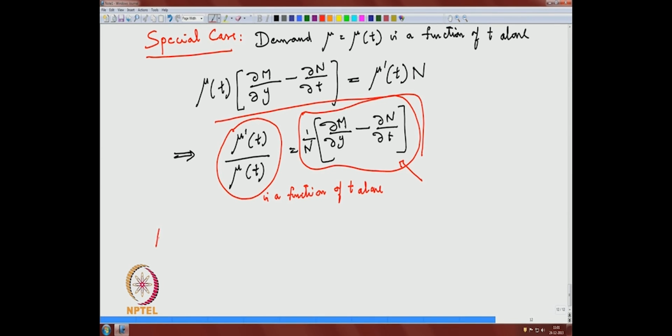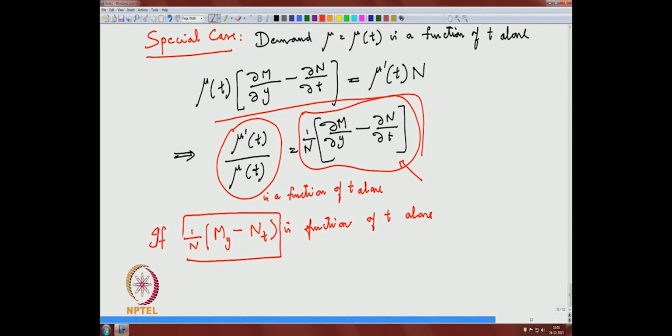Rather than assume, let me write m of y for simplicity: if 1 over n times (m_y minus n_t) is a function of t alone, that is possible. Even though m and n are functions of both t and y, the combined factor 1 over n (m_y minus n_t) can be a function of t alone.